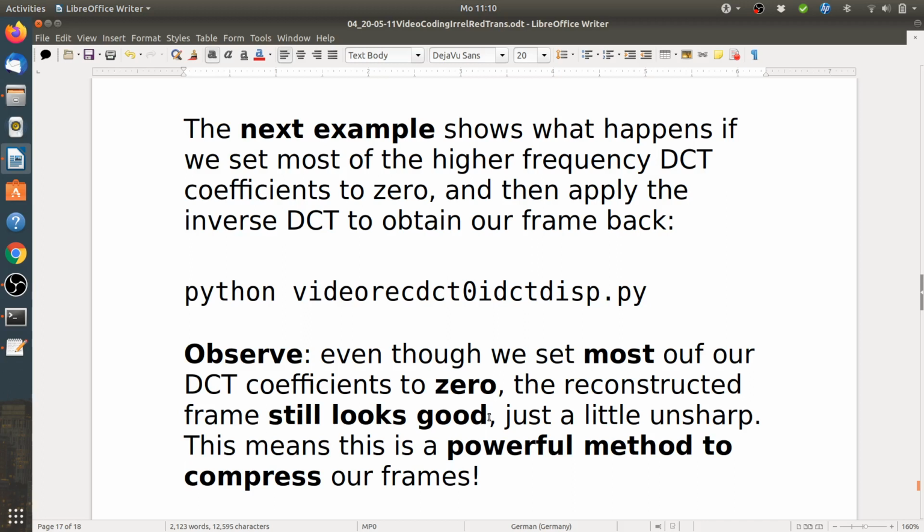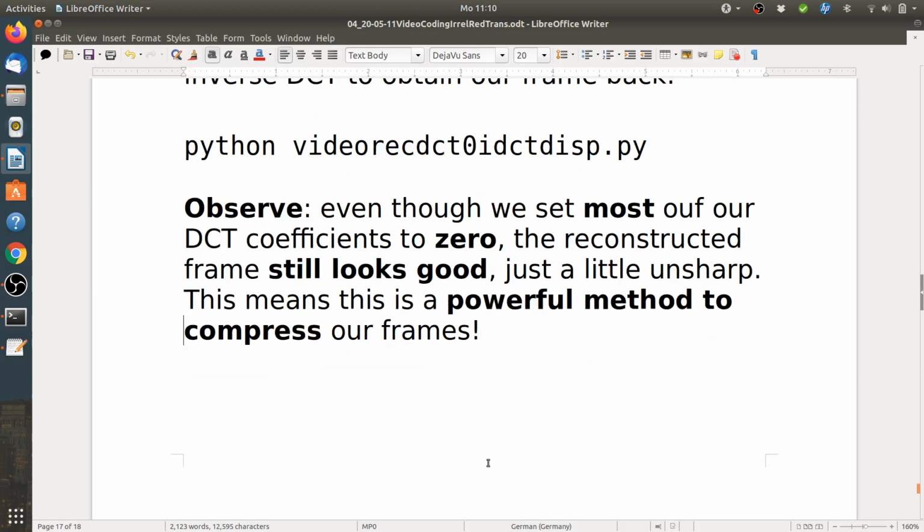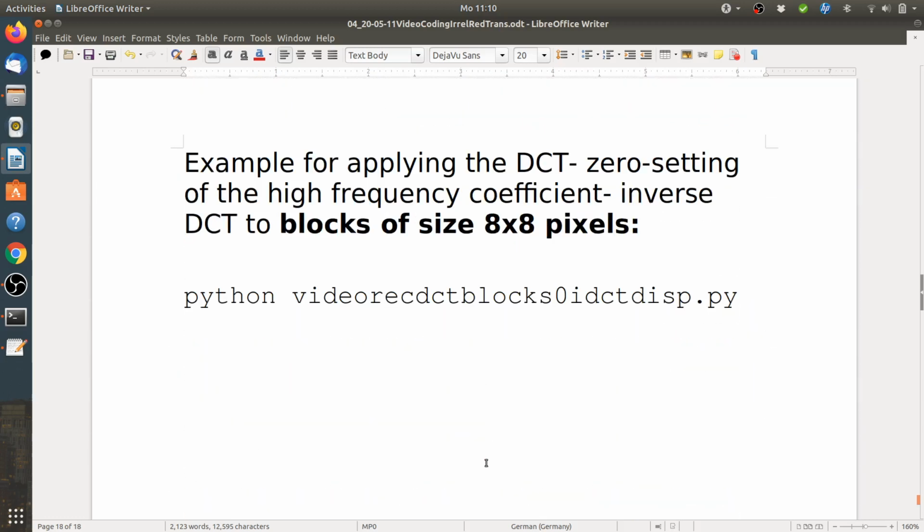So we have a compression ratio just by applying this low pass of over 16, right? This is already a powerful method to compress our frames. Just going to the DCT domain allowed us to compress by a factor of 16 in this case, so it's not too bad. Very promising.